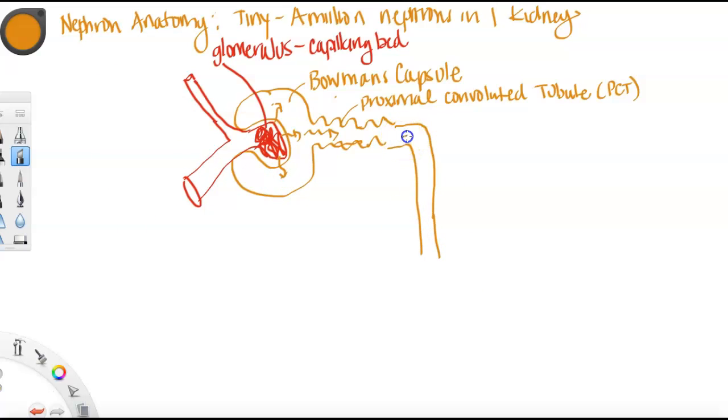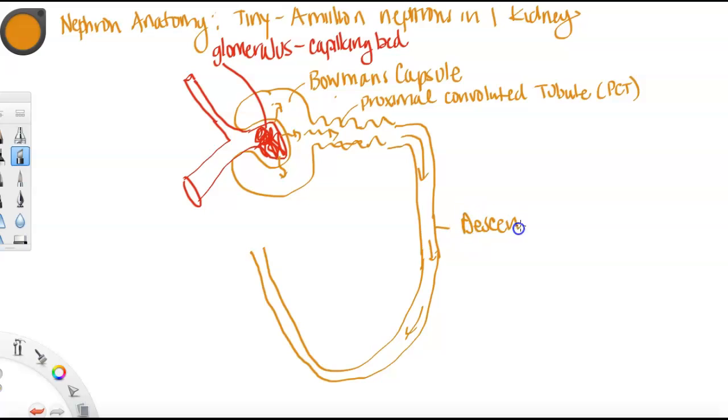But the tube makes a turn to go down into the medulla, and this starts what we call the Loop of Henle. This arm here is the descending Loop of Henle, and it comes down and makes a hairpin turn and comes back up.